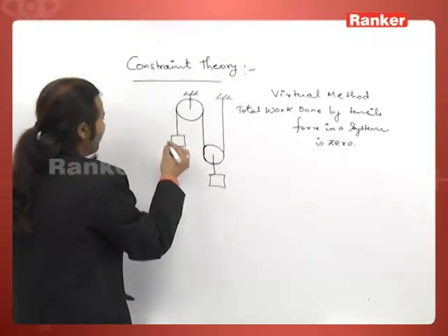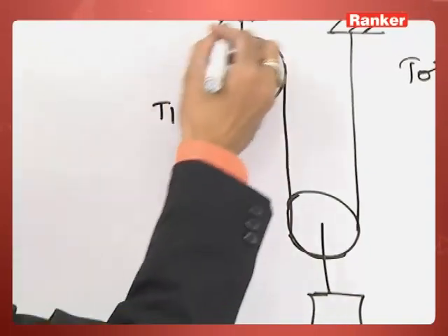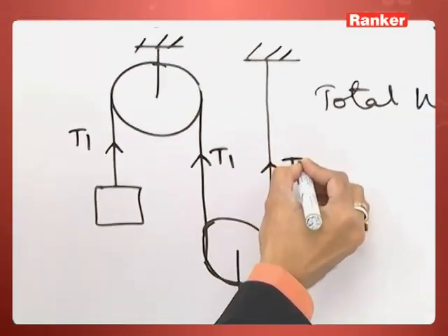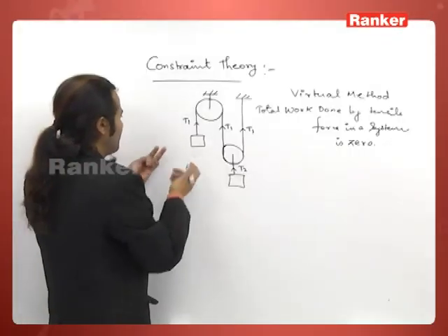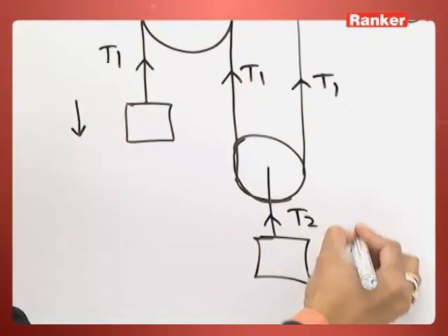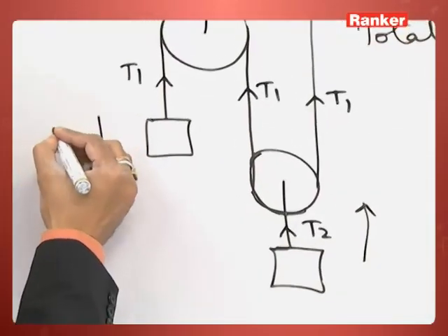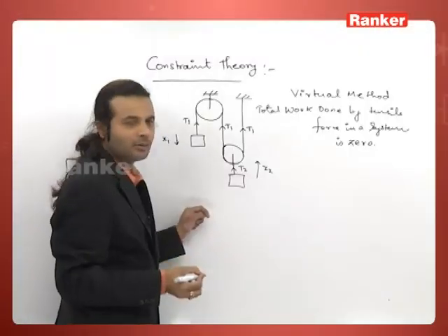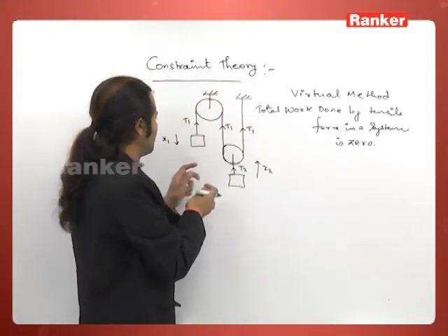So let us say this is T1, this is also T1, this is also T1. Let us say this is T2. This one is moving downward, this is moving upward. Let the displacement here be x1 at any instant, and here the displacement is x2. The total work done by tensile force for a system is 0.